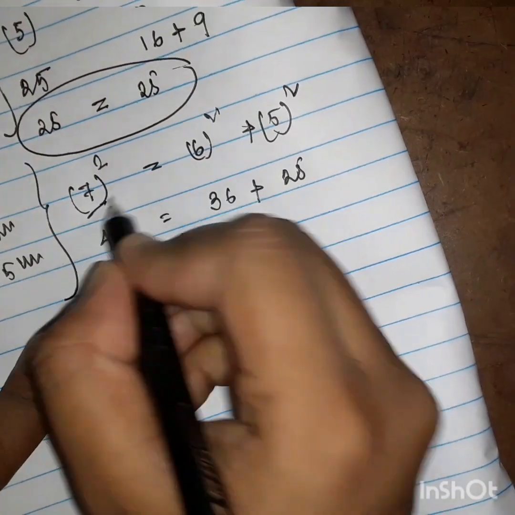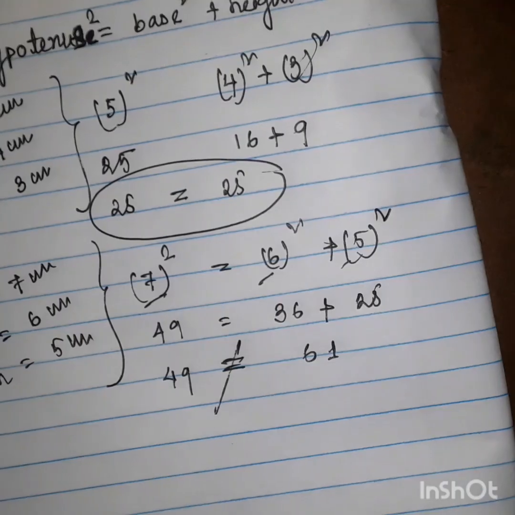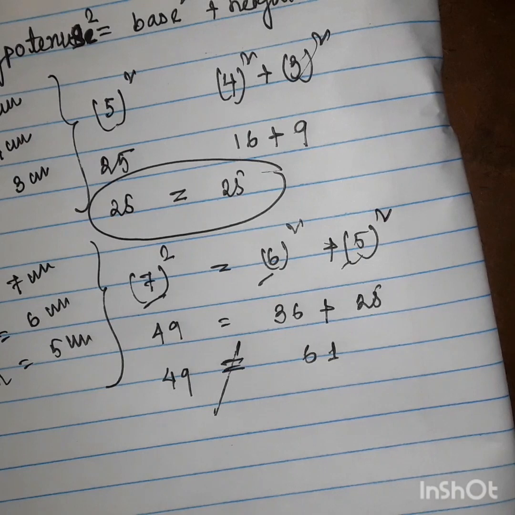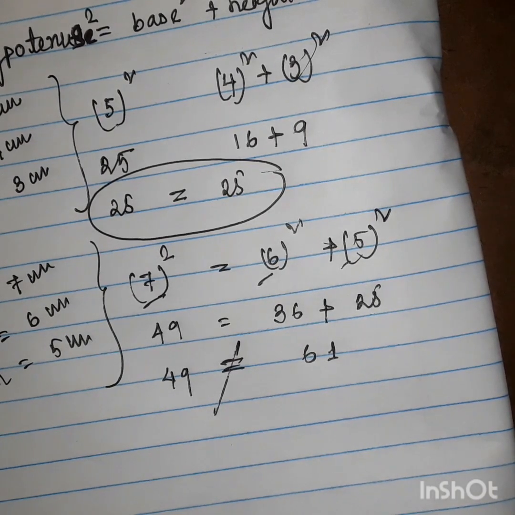That's why these three numbers cannot be termed Pythagorean triplets. So a set of three numbers will be called Pythagorean triplets only when they satisfy the Pythagoras theorem.